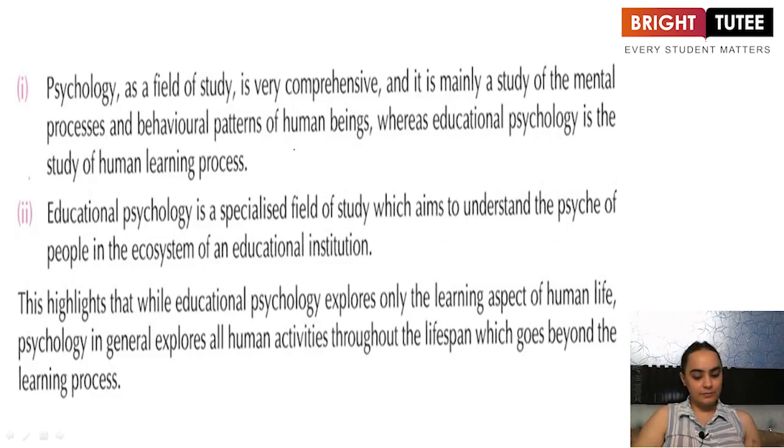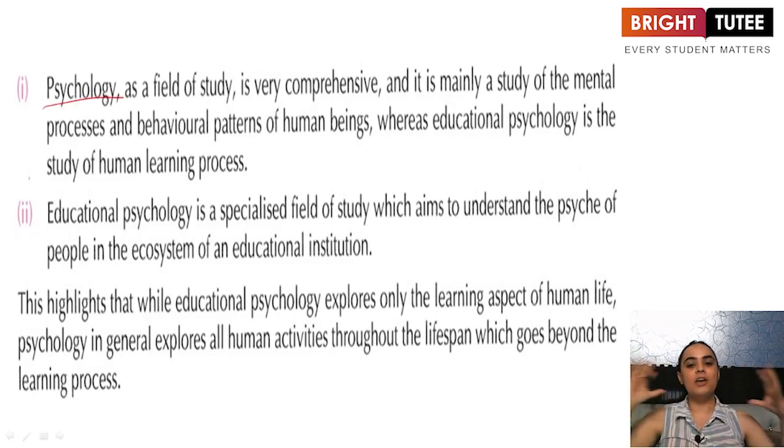As we have learnt by now, this is also going to be a recapitulation for us: psychology is that field of study which is very comprehensive, very whole in nature, and it studies the mental processes and behavioral patterns of human beings.